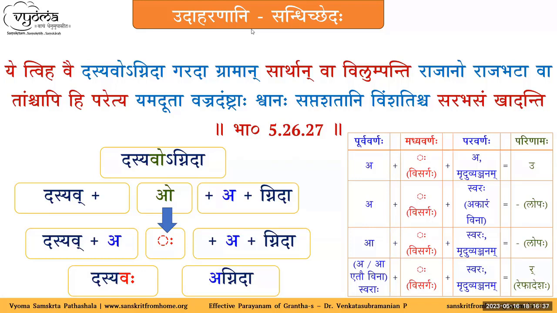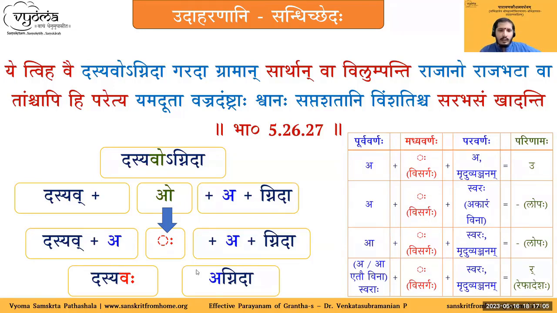Dasyavaha, the Visargam, is it not A plus A Visargam becoming O? I was just shown this in the final form. Correct, but there are two other sandhis occurring before this. Just think about the final form. Dasyavaha Agnida.